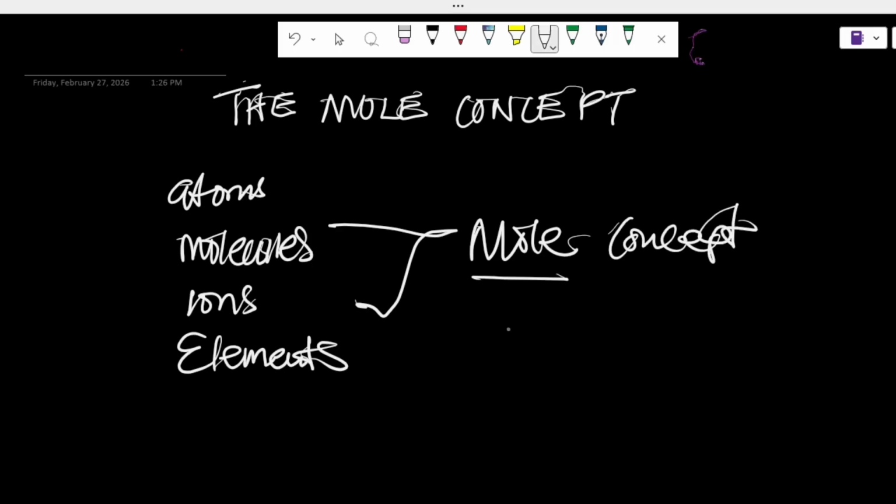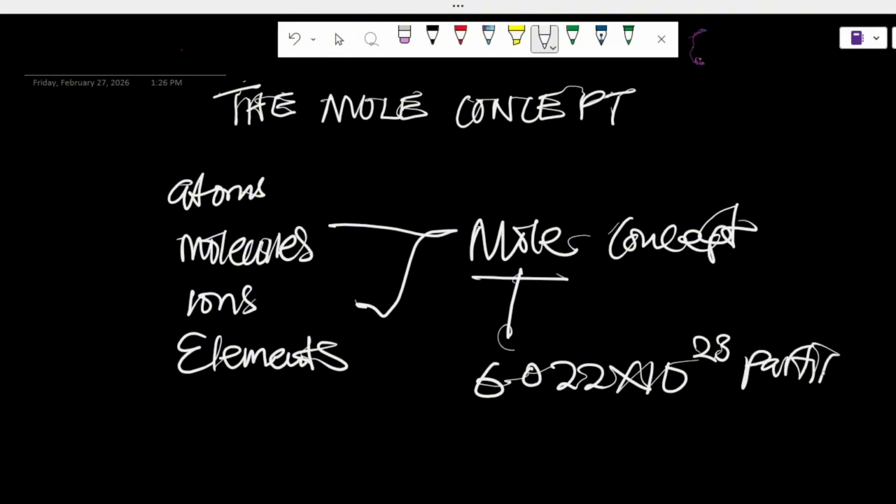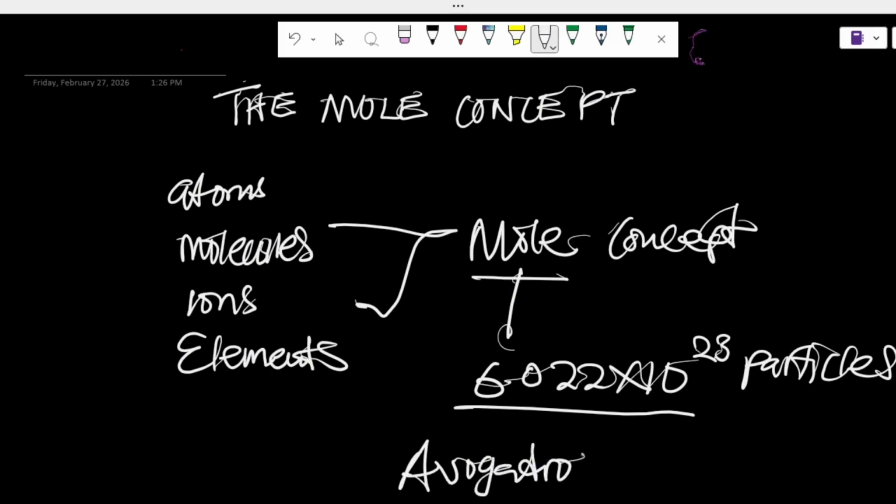So this mole is pointing to the number or the amount of substance containing 6.022 times 10 to the power 23 particles. And this number here, which you've seen, is actually called Avogadro's number or Avogadro's constant.